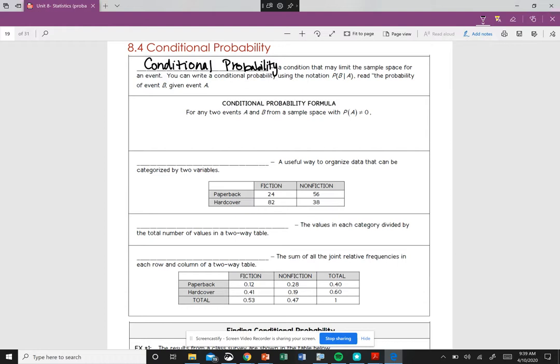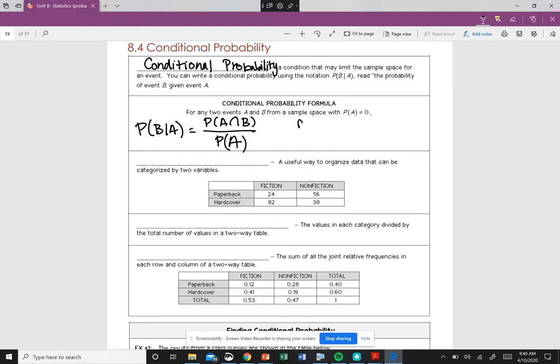It reads the probability of event B given event A. So the probability for conditional formula is, the probability of B given A is the probability of A and B, or the intersection of A and B, or when B and A are both happening, divided by the probability of A. So this is like the part of A that B is part of, divided by all of A. Does that make sense?